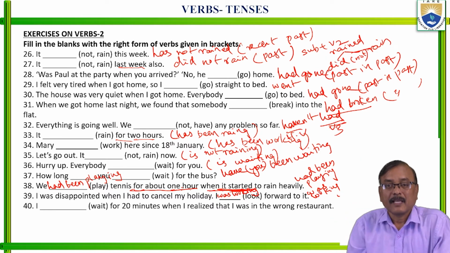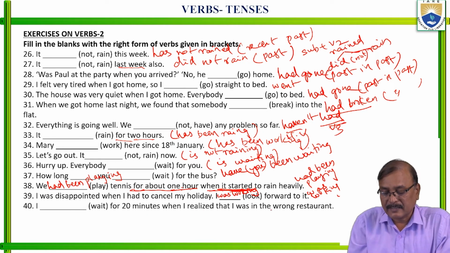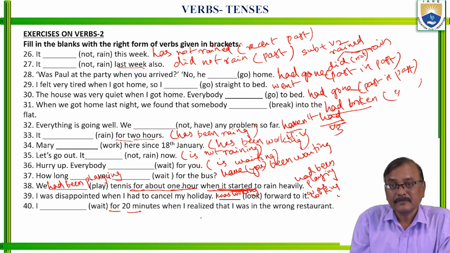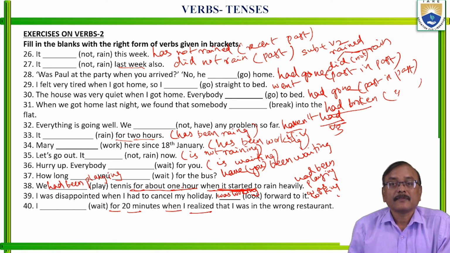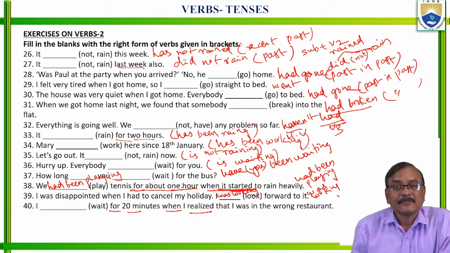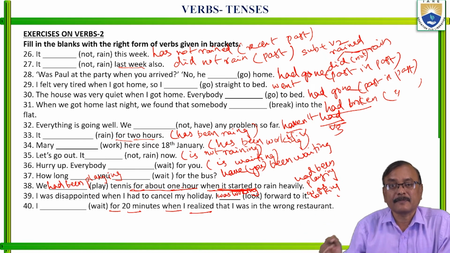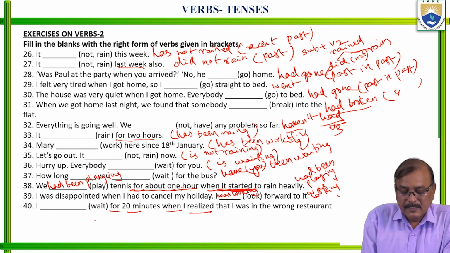Next. I wait for 20 minutes when I realized that I was in the wrong restaurant. Here also you see, for plus time by past. Past perfect continuous tense. You know, for plus time by future, future perfect continuous. For plus time by past, past perfect continuous. Is it clear? Just for plus time, present perfect continuous. Okay? So here what is that? I had been waiting.